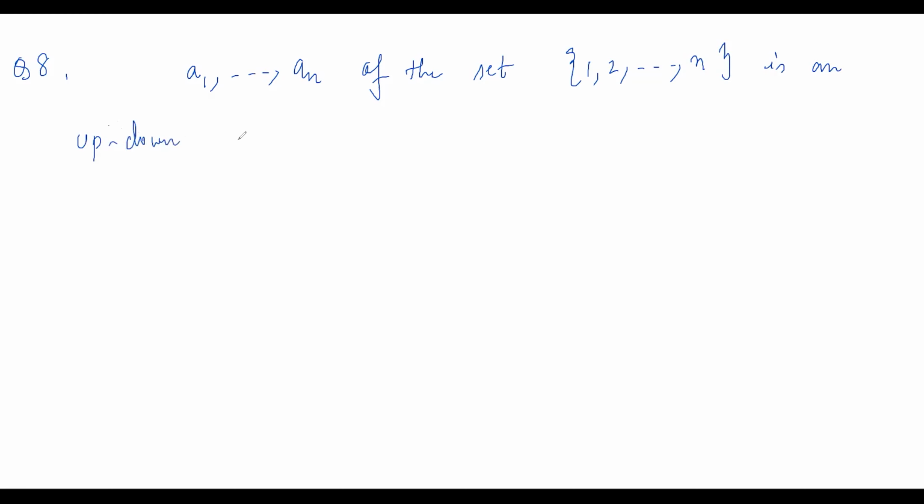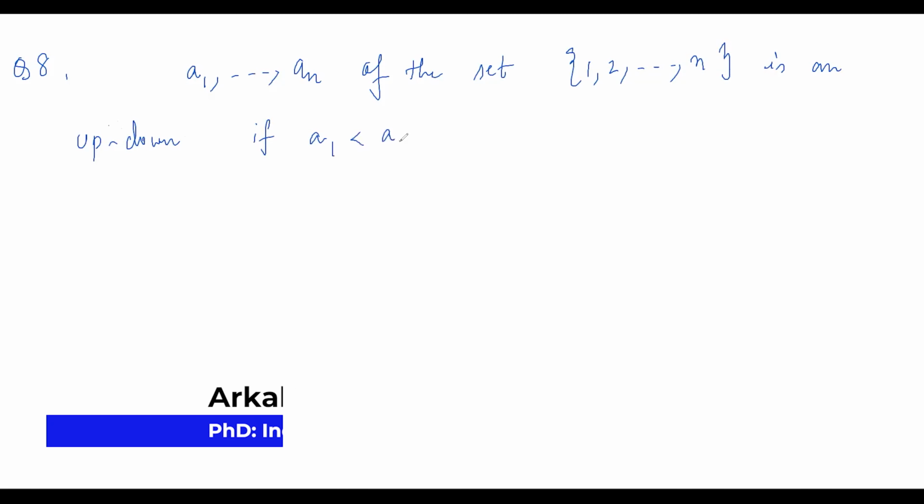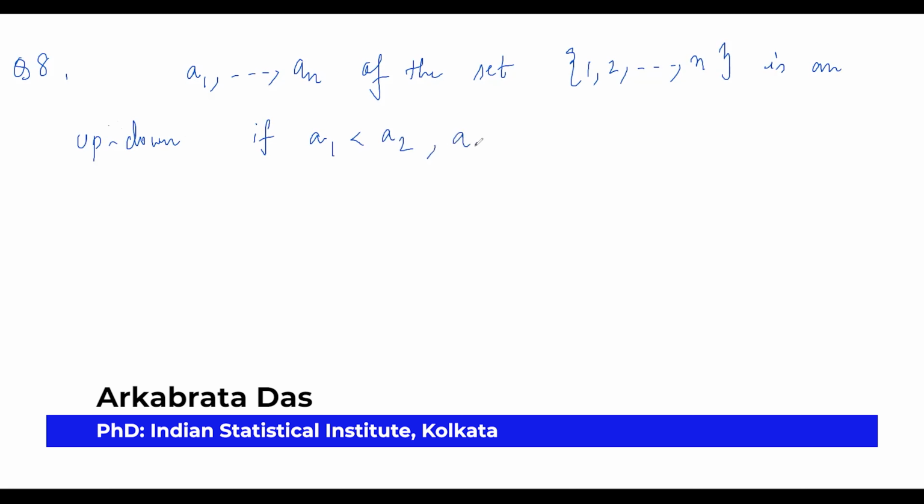As you saw in the problem, we'll say that a permutation a1 dot dot dot an of the set 1, 2 dot dot dot n is an up down permutation if a1 is lesser than a2, and a2 is greater than a3, and a3 is lesser than a4, and so on.